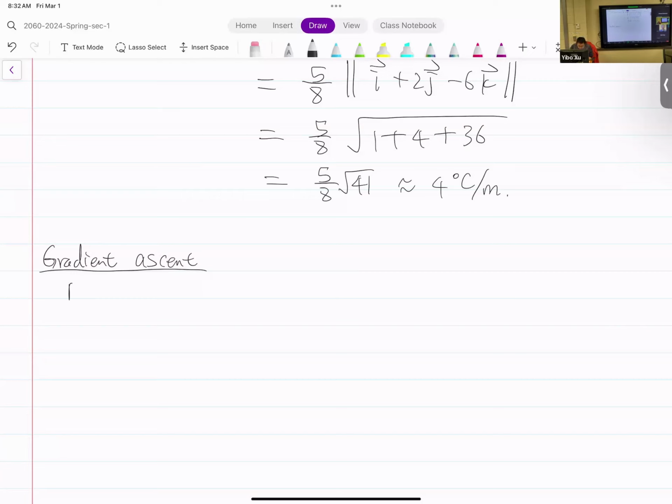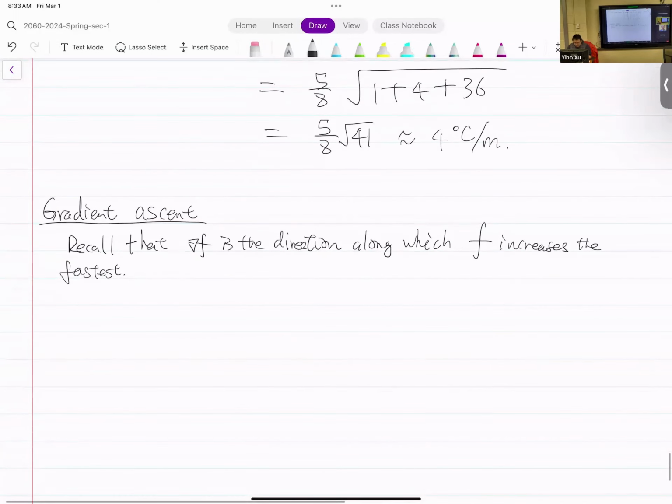To illustrate, recall that nabla f is the direction along which f increases the fastest.